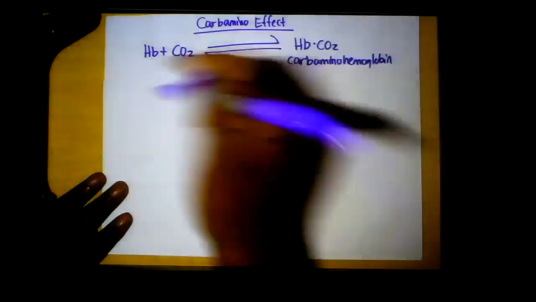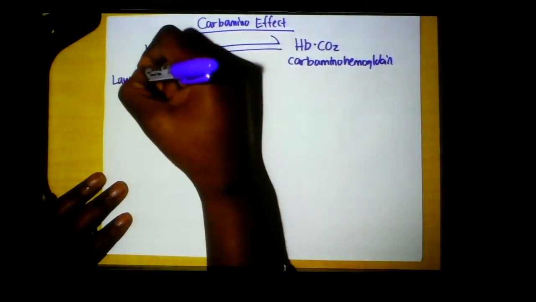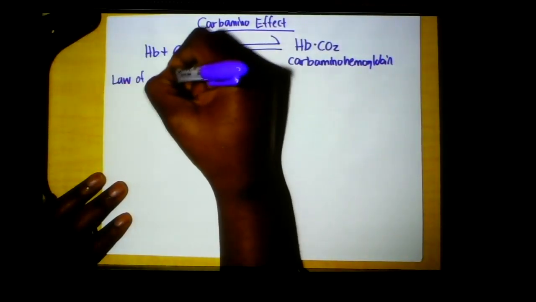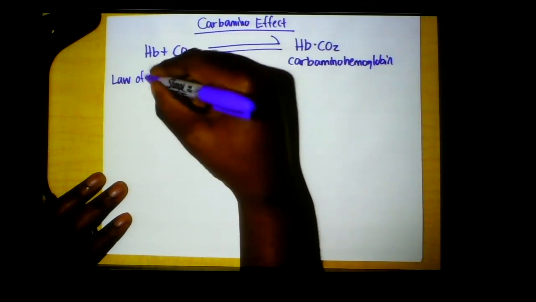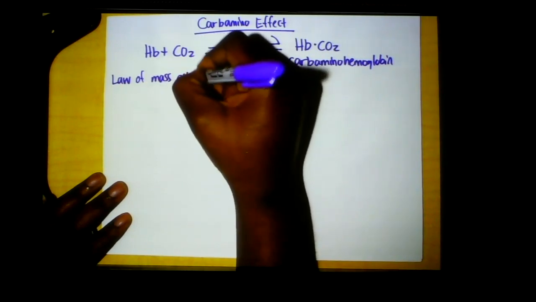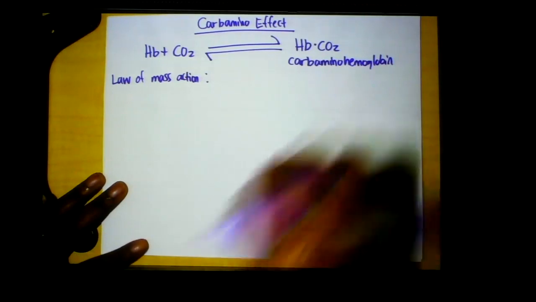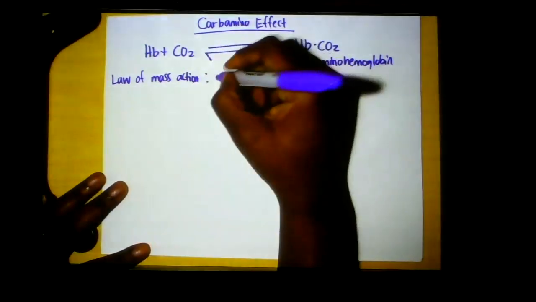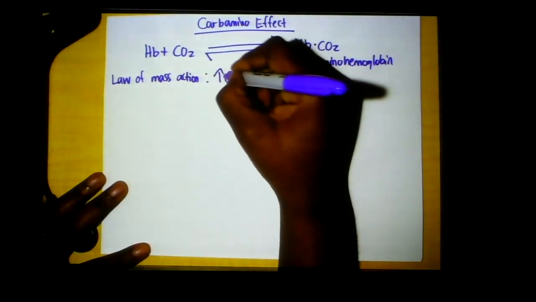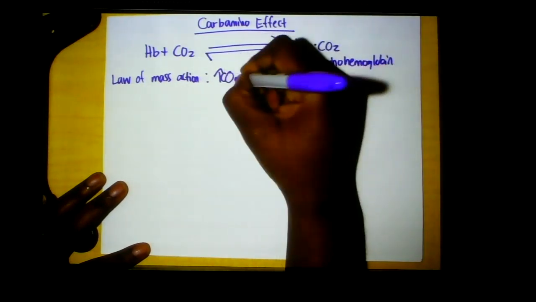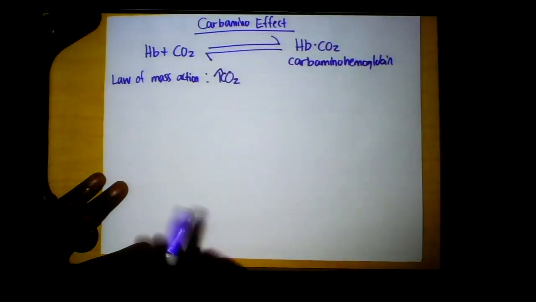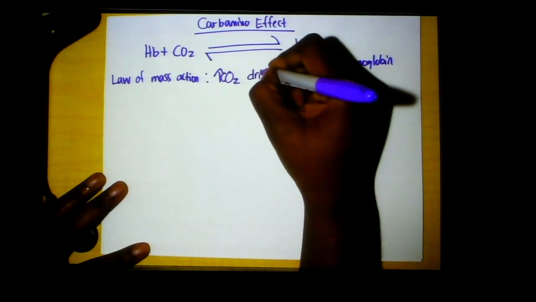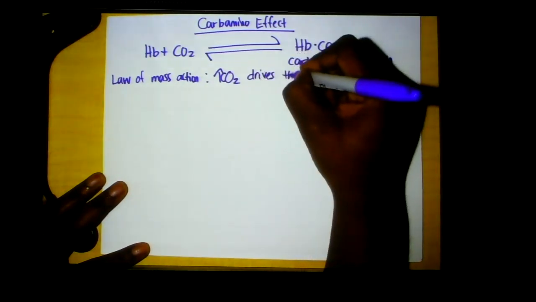And again, we're looking here at the law of mass action, just to make sense of this, which states that if we have increased CO2, which is our product here, that drives the reaction to the left.